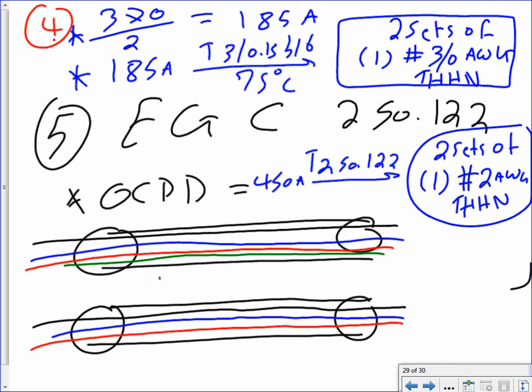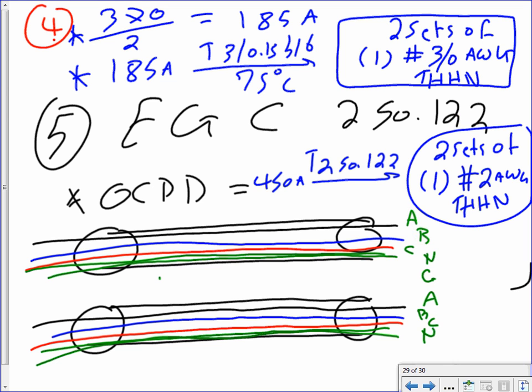Here's my neutral, and here's my neutral. And here's my equipment grounding conductor 2, and here's my equipment grounding conductor. So I have phase A, phase B, phase C, and neutral, and a ground. Same thing here: phase A, B, C, neutral, and ground. Let me size the conduit and we'll call it a day.